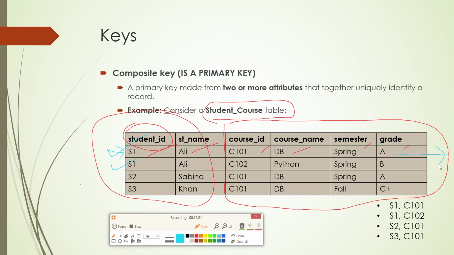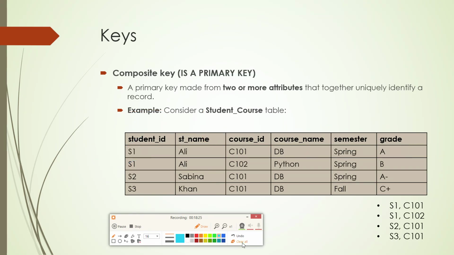In this case, I will combine two attributes together. Student ID and this course ID will combinedly be taken as the primary key, and when I retrieve the data from the database, it will give me the unique record. So this is a composite key.